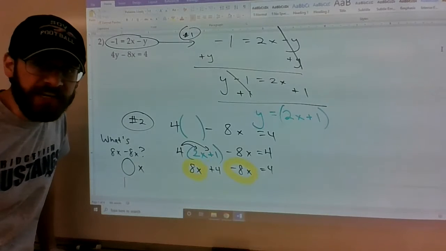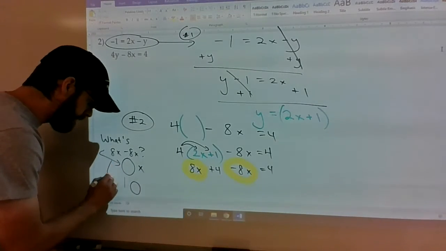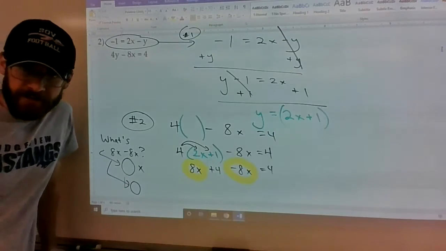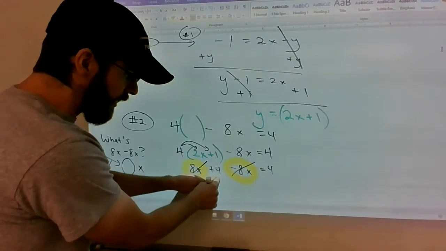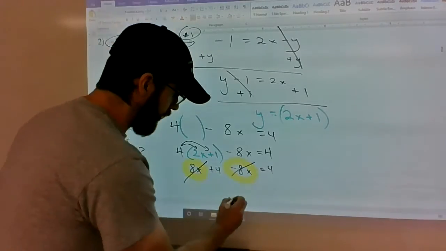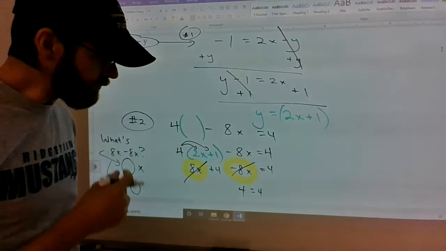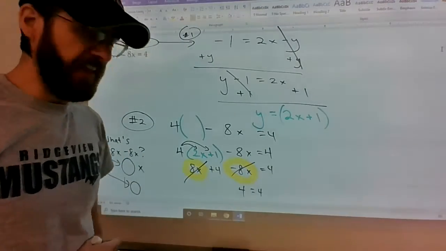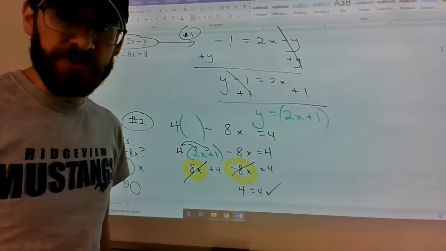What's 0 times anything? 0. It's gone. You're gone. 4 equals 4 is what's left over. And that's a true statement. But the x's are gone. So what are we supposed to do?